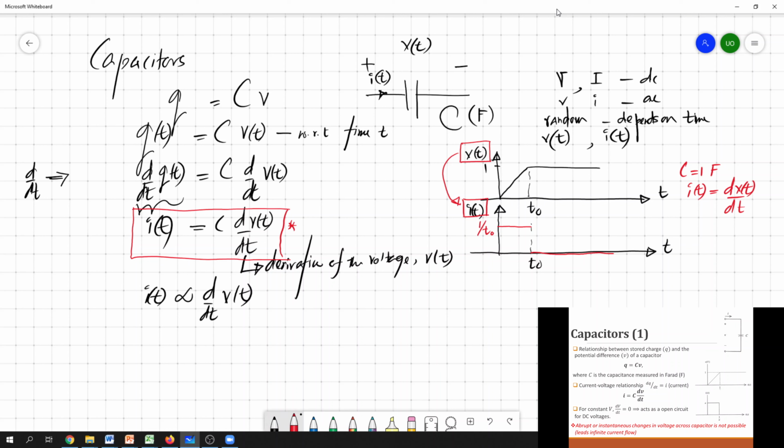So from this we can take two conclusions. According to this definition, we know that the induced current is equal to C times the derivative of the voltage.